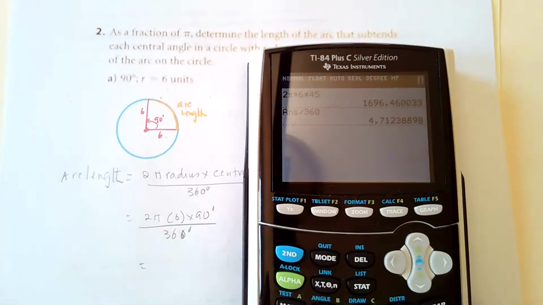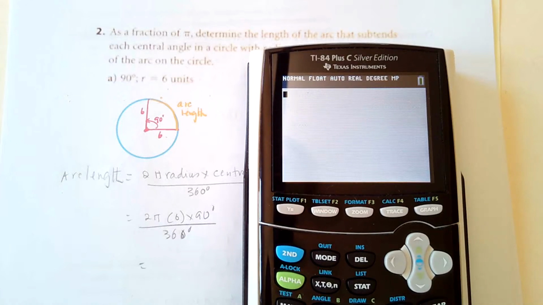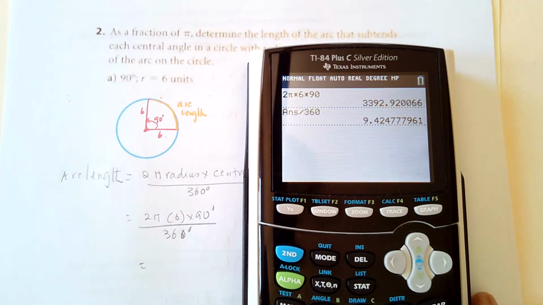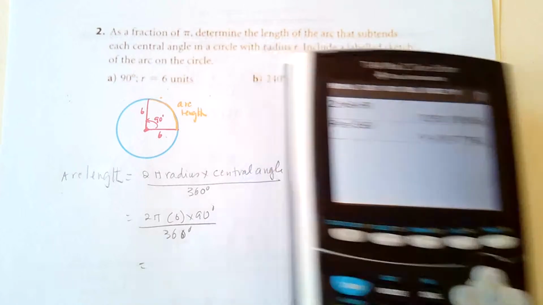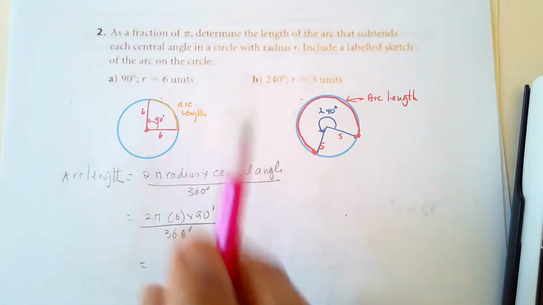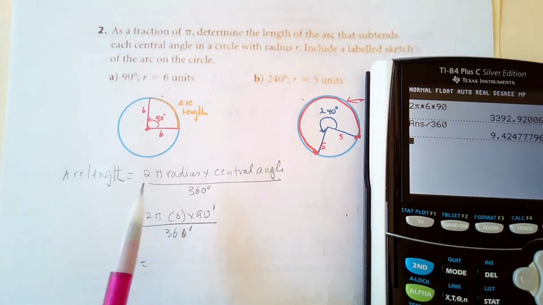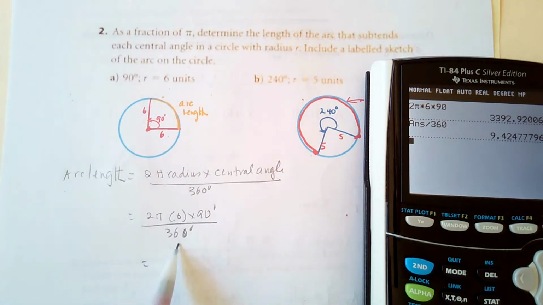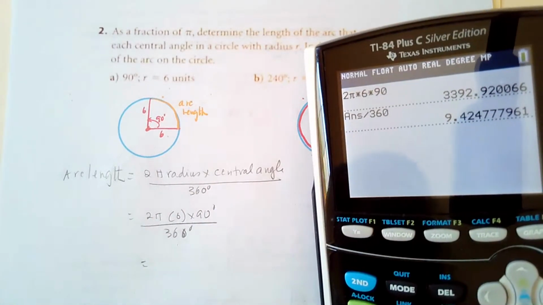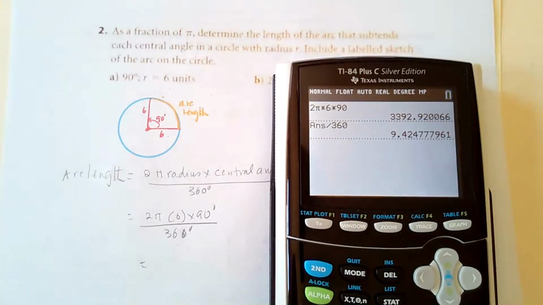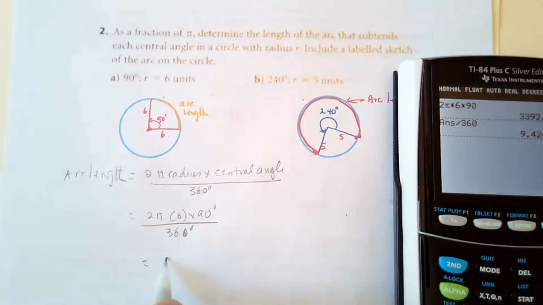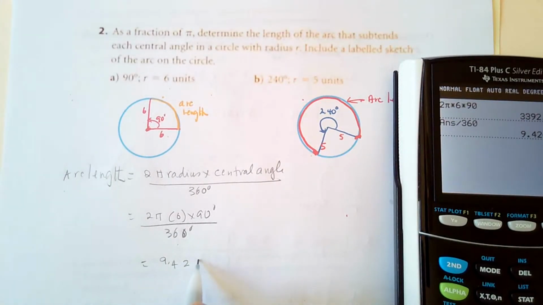Let's see here, 2 times pi times 6 times 90 divided by 360, 9.42. Let's check that again: 2 times pi times 6 times 90 divided by 360, which is 9.42 units.